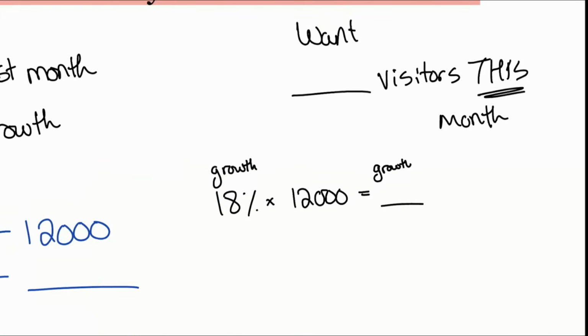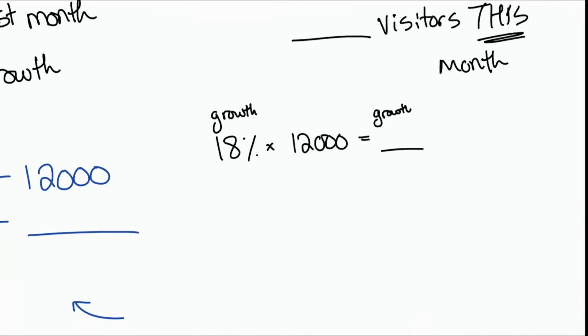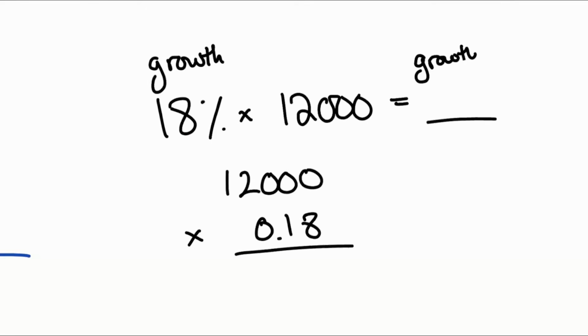So let's go ahead and do this. 12,000 multiplied by the 18%, multiplied by 0.18. Sweet. 0 times 8, 3 times is going to be 0, 3 times. Then 2 times 8, that's going to end up being 16, carry the 1. And then 1 times 8 is 8, carry the 1 is 9.